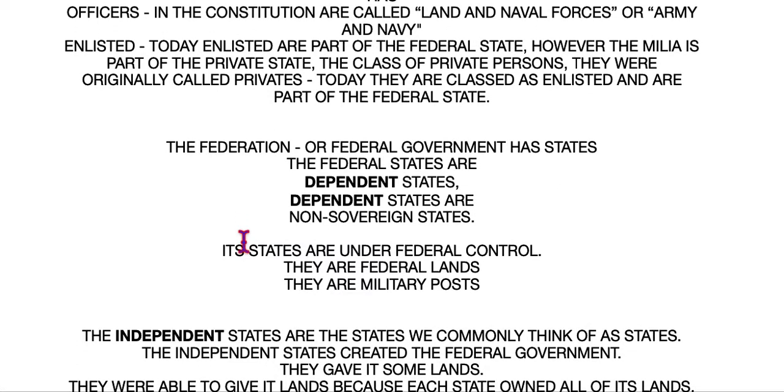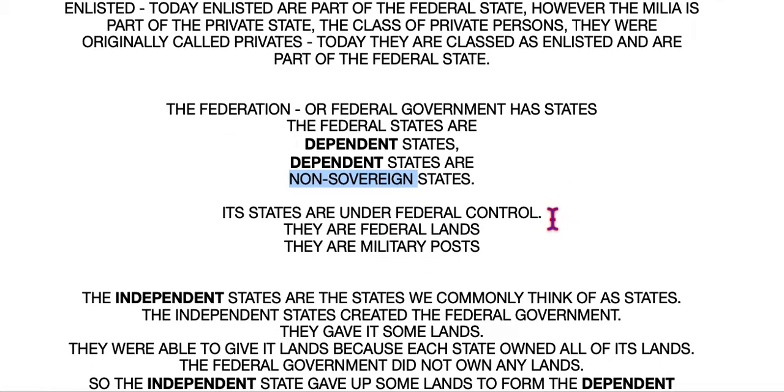The federation or federal government has states. The federal states are dependent states. Dependent states are non-sovereign states. They're servants. The federal government are servants. They're non-sovereign. Its states are under federal control.